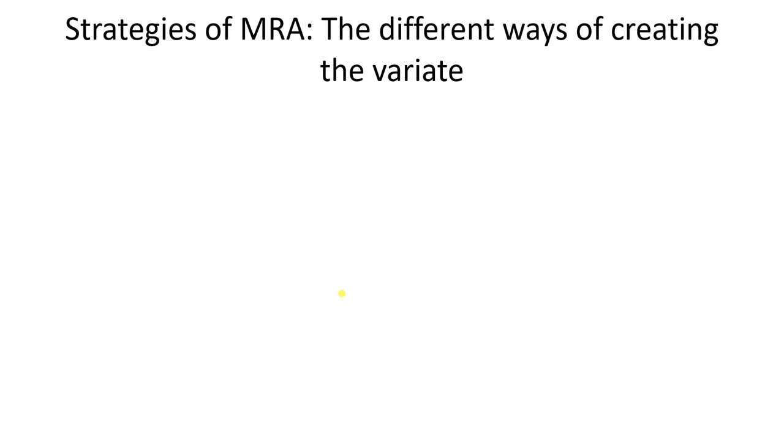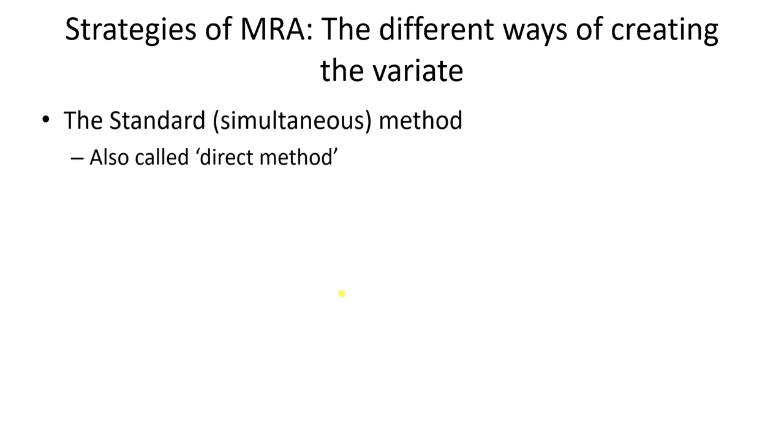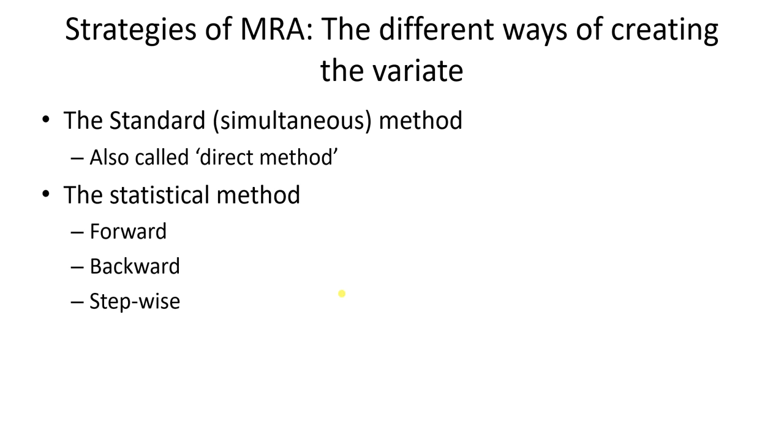discussing the different strategies. As I said, one strategy is the standard, also called simultaneous method. In this method, we enter all the IVs together into the equation, and therefore it is also called direct method.